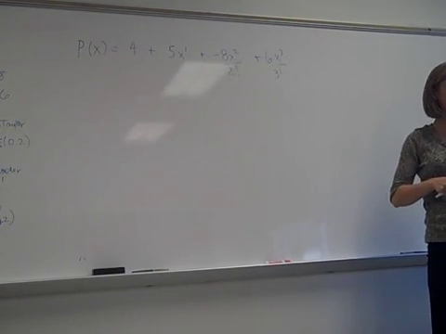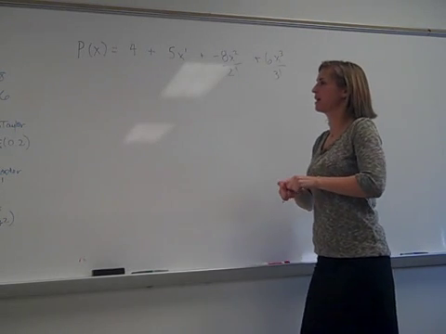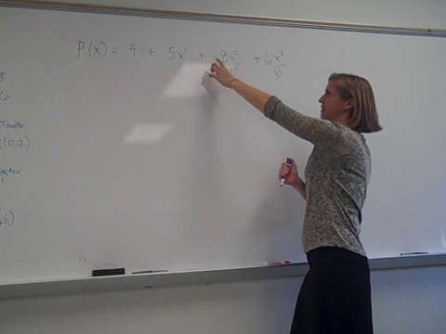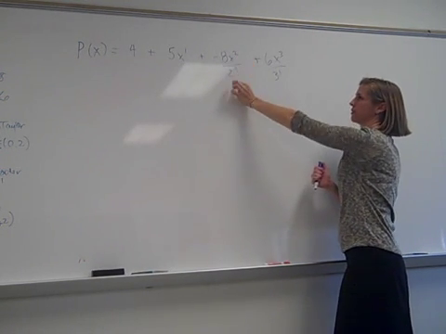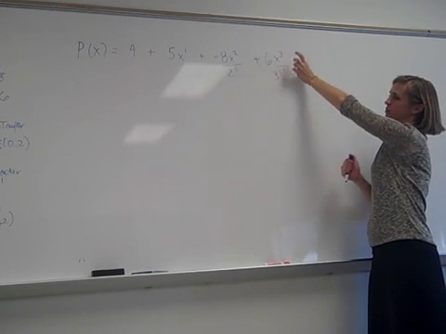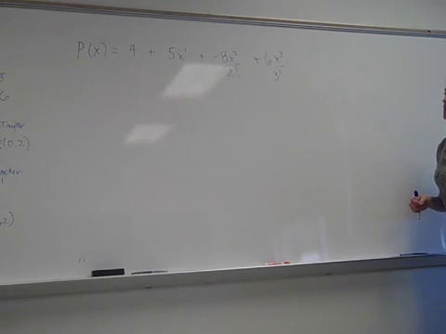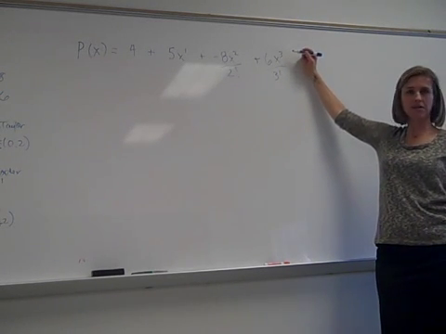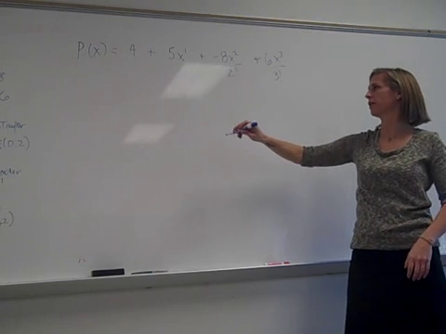So I'm just using the formula. If they're asking you to write a third degree polynomial, I have that because my highest power is 3. That means it's a third order or a third degree polynomial.